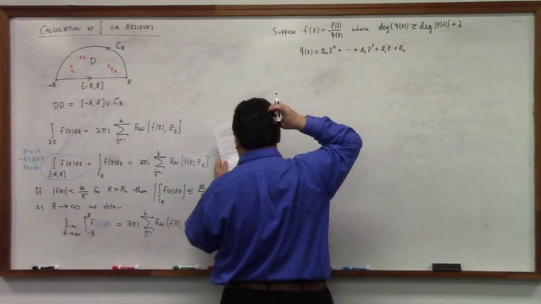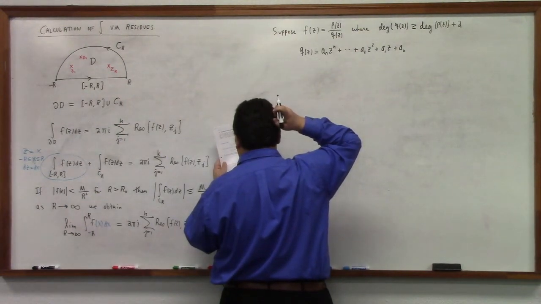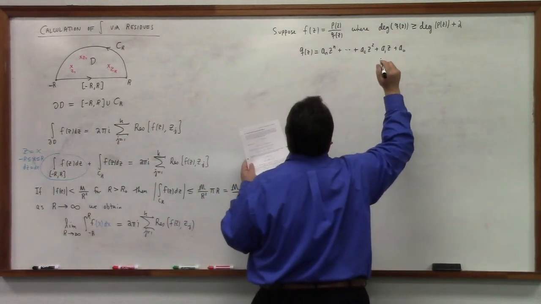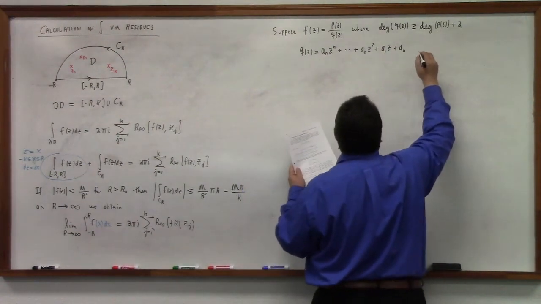I showed that there exists an r greater than 0 for which q of z is bounded below by a_n times r to the n over 2 for modulus of z greater than r. So this is bounded below.